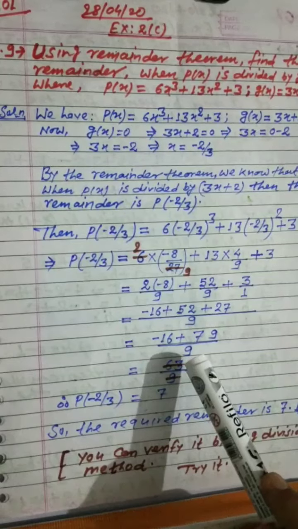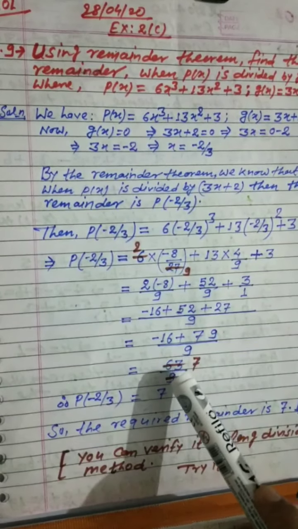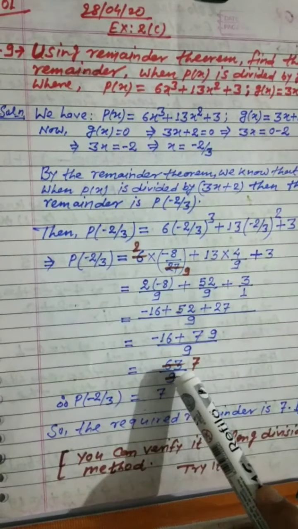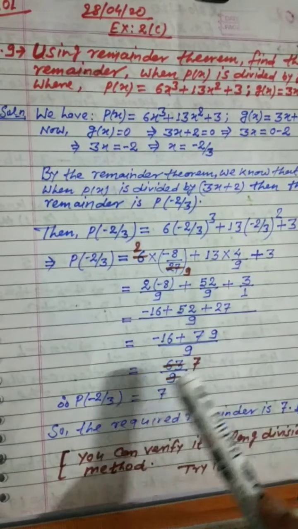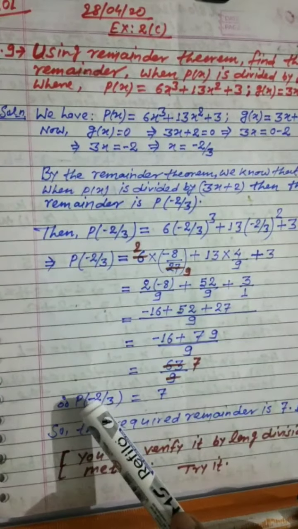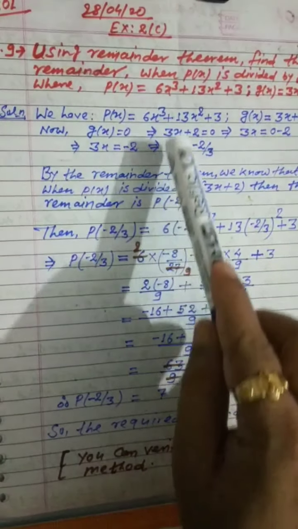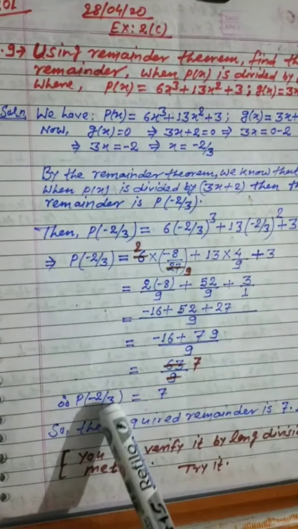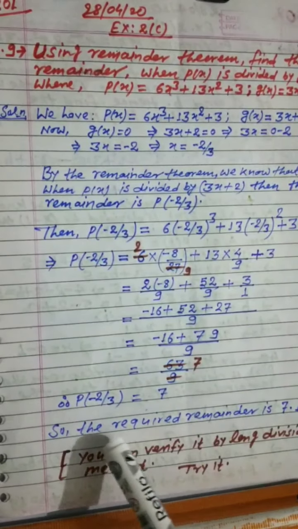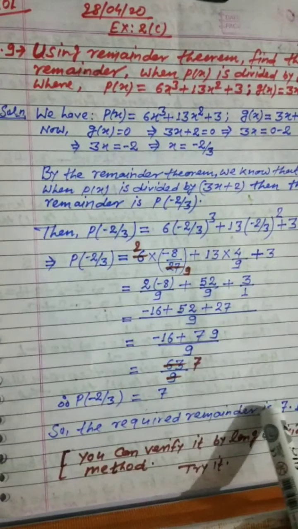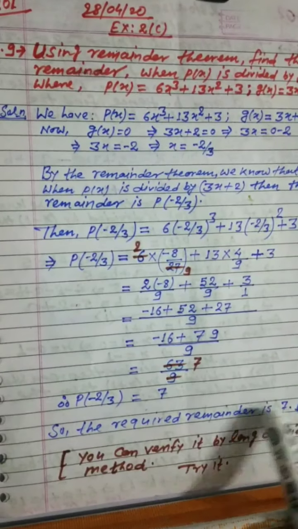So 63 is divisible by 9, so we have cancelled 63 by 9 in 7 times. Therefore the value of this polynomial at x is equal to minus 2 by 3 is equal to 7. So the required remainder is 7.